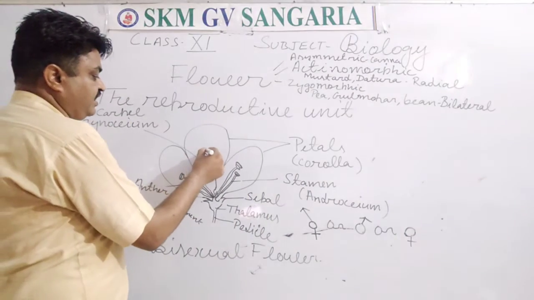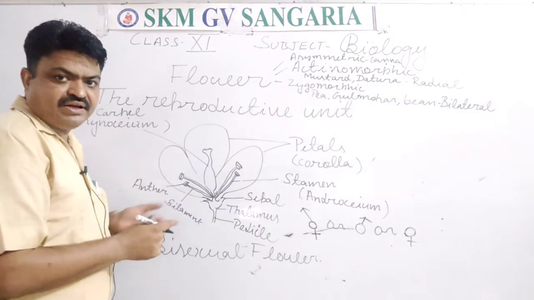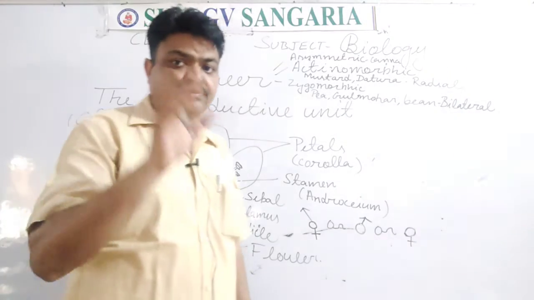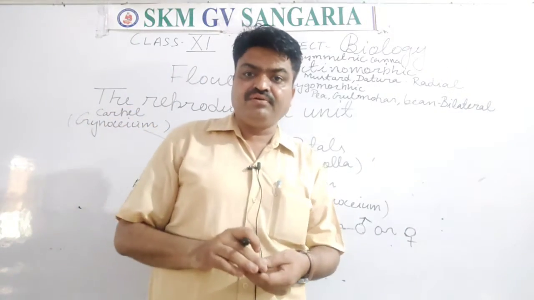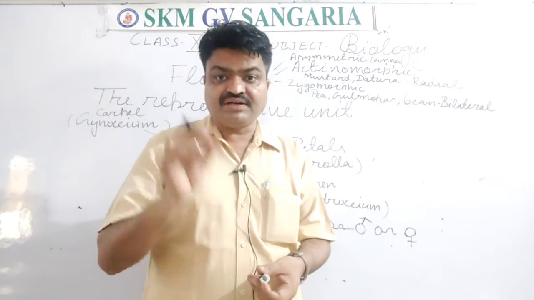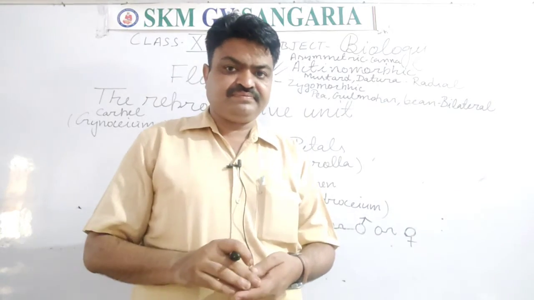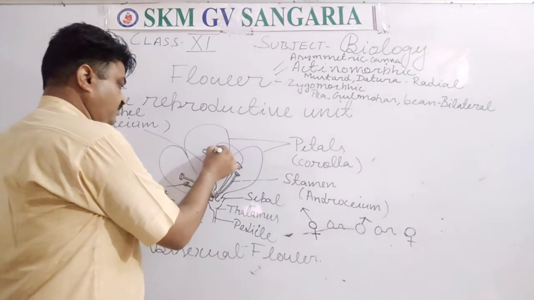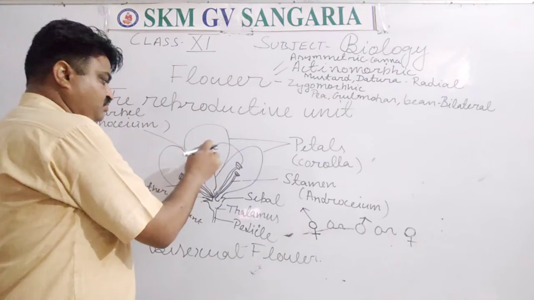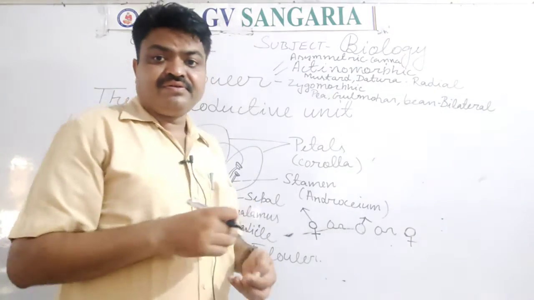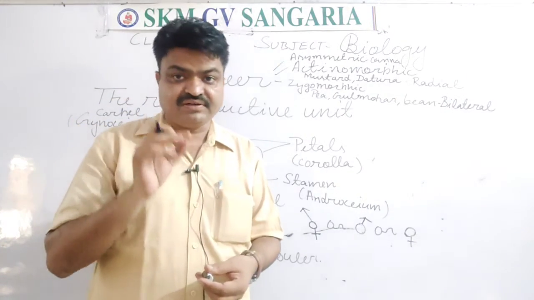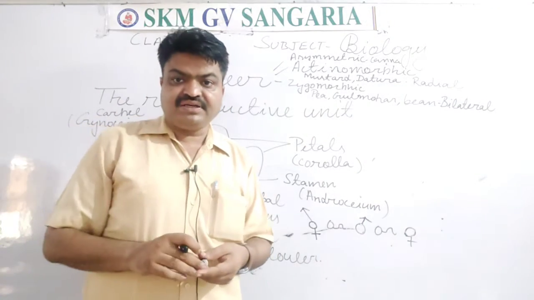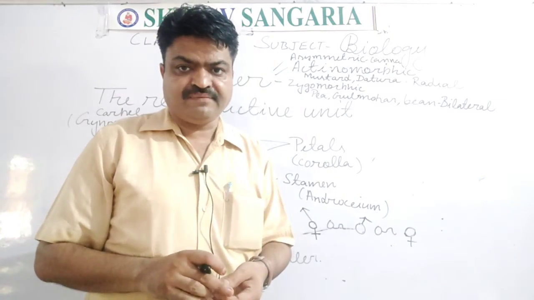Stigma is a tray-like structure, and this tray-like structure has a glue-like substance on it, and with the help of that glue-like substance it sticks the pollen grains. The pollen grains come towards the stigma and are stuck to it due to the presence of the glue-like substance, student.